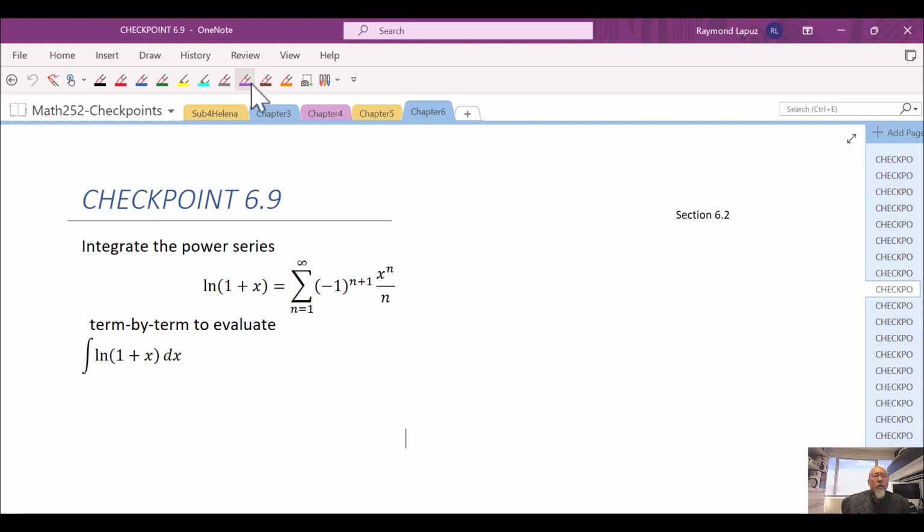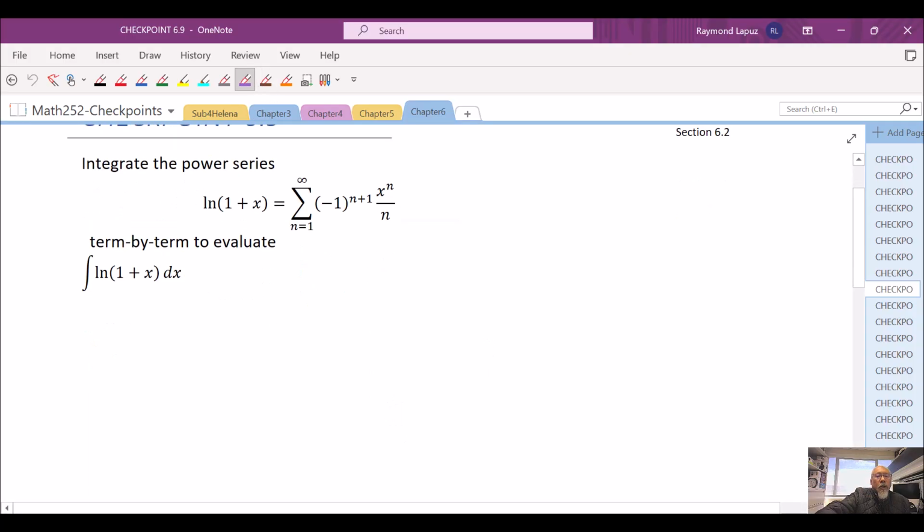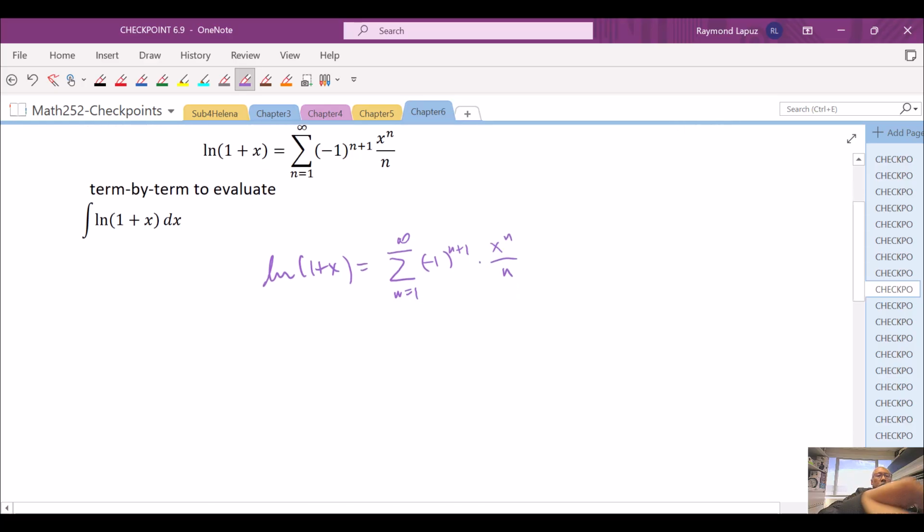Let me rewrite this equation. Ln of 1 plus x equals this series going from 1 to infinity of -1 to the n plus 1 times x to the n over n. All right, now let's integrate both sides.